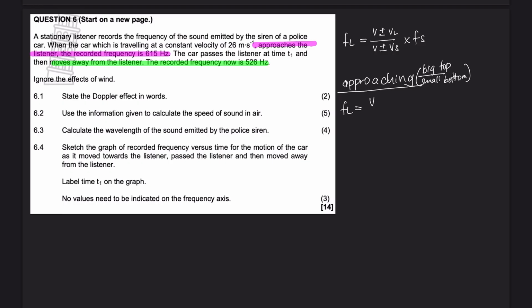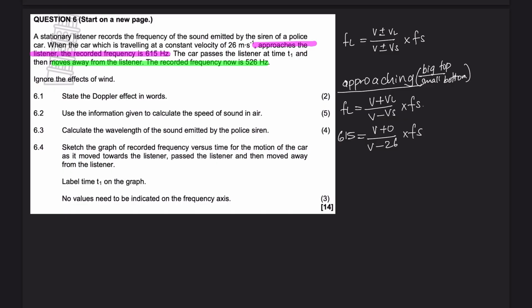So V plus VL divided by V minus Vs, times Fs. Let's substitute the values we know. When it's approaching, the frequency is 615 equals V plus 0, the listener is stationary, divided by V minus 26, multiplied by Fs.